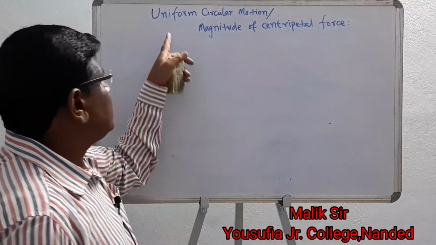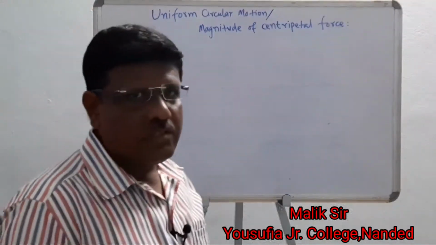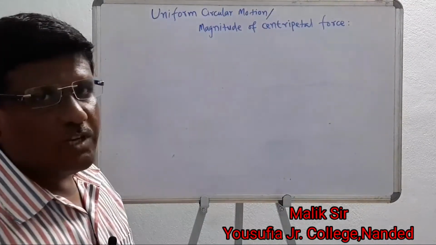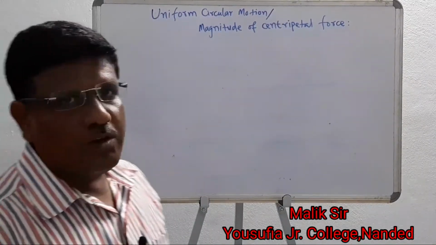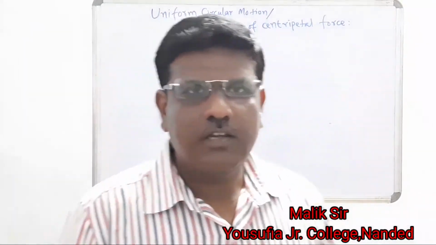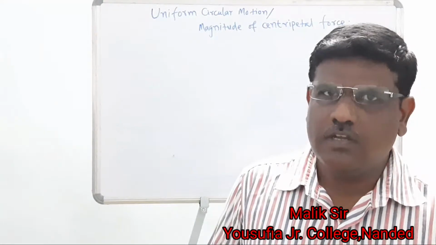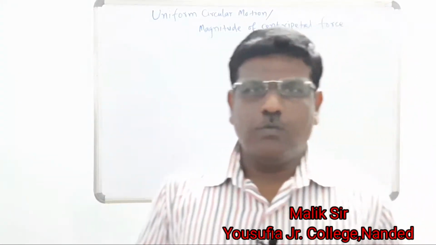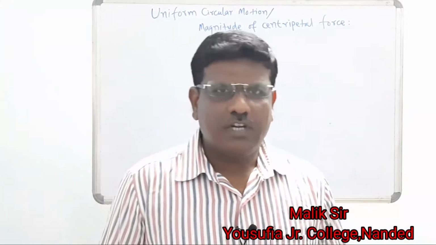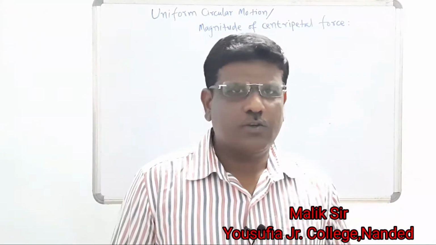We were dealing with the circular motion, and here it will be uniform circular motion and magnitude of circular motion. Earlier we have seen that if the object is moving along the circumference of a circle, then that motion is said to be circular motion.